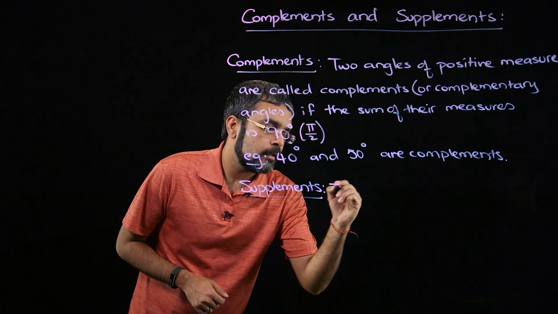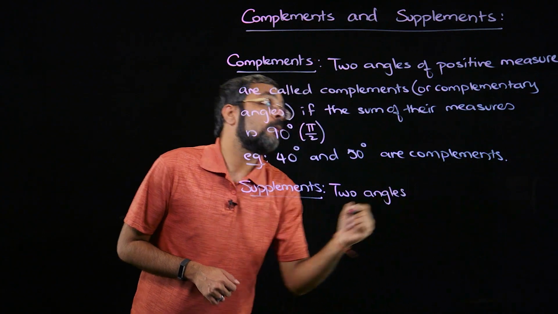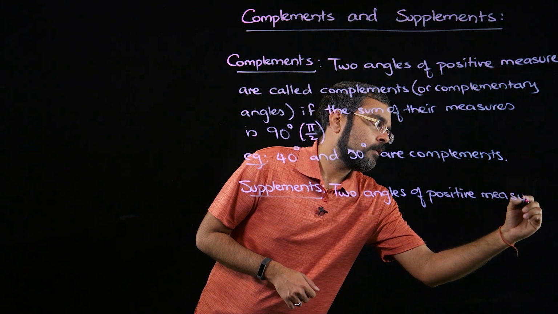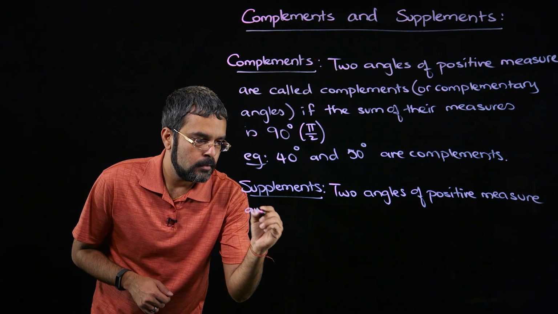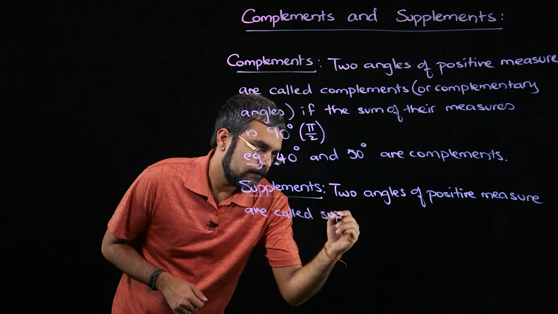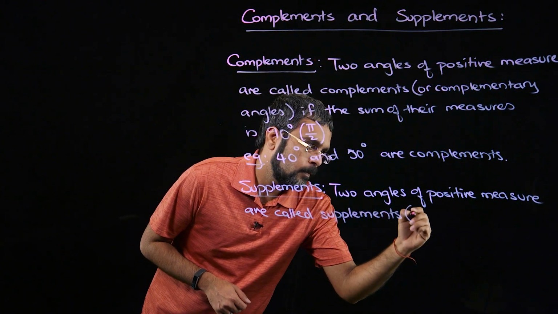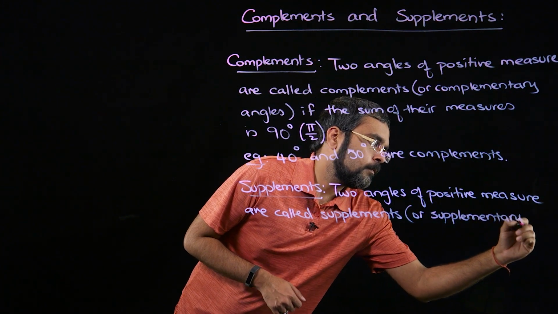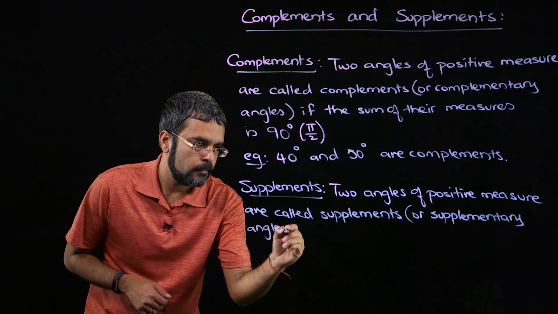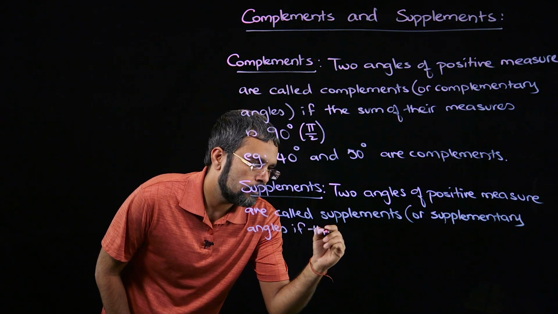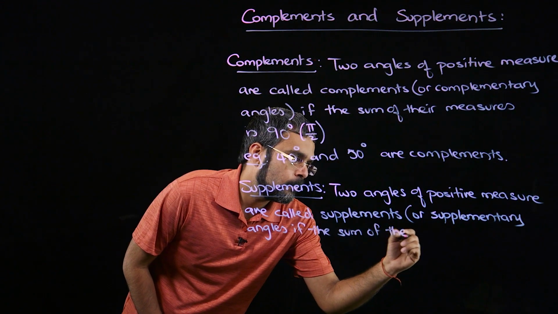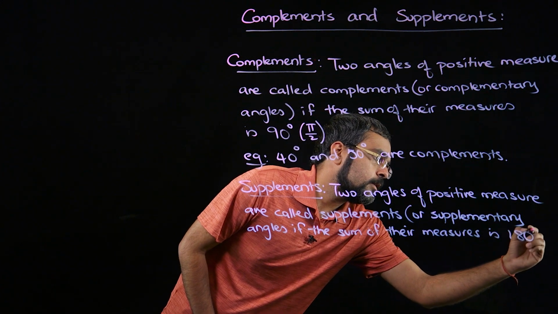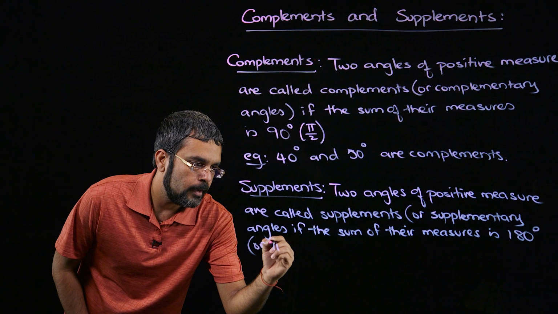Okay. In supplements, two angles of positive measure are called supplements, or supplementary angles, if the sum of their measures is 180 degrees or pi radians.